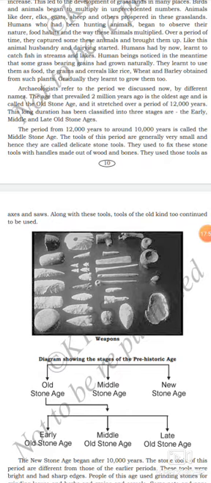Delicate means small. They used to fix these stone tools with handles made out of wood and bones. They used these tools as axes and saws. Along with these, tools of the old kind too continued to be used.